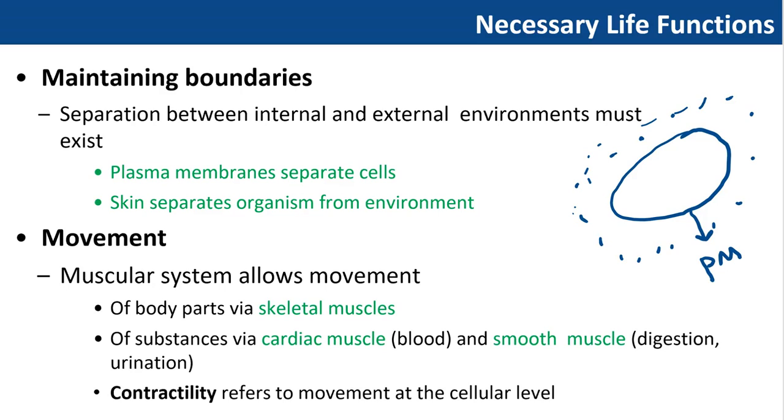Your body is enclosed by the integumentary system or skin. The integumentary system protects internal organs from drying out, from pathogens, from the damaging effects of heat, sunlight, and an unbelievable number of chemical substances in the external environment. So in one word, we can say that maintaining boundaries means maintaining life.